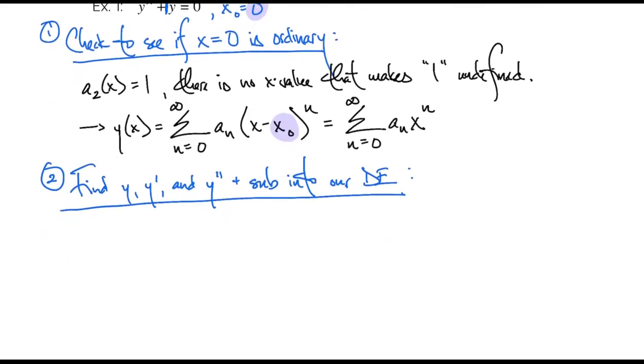And so we already have our y, right? So we have y of x equals the sum from n equals 0 of a sub n x to the n, right? Now you'll notice that I didn't write an infinity on the top, okay? Some schools of thought say you should always write that number on the top.